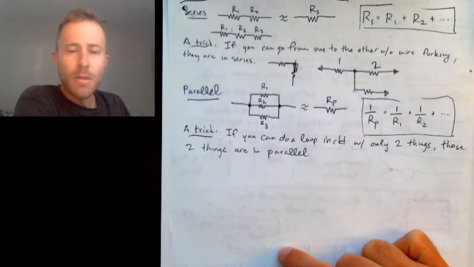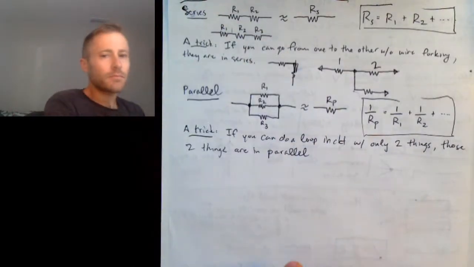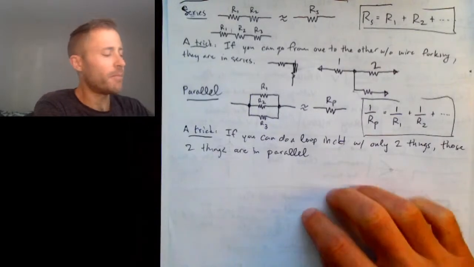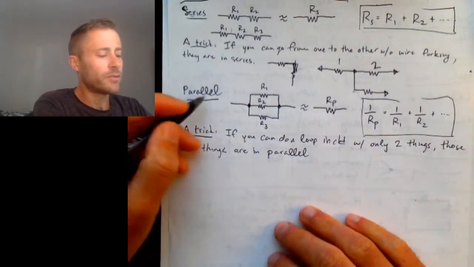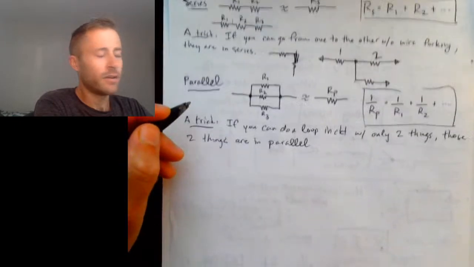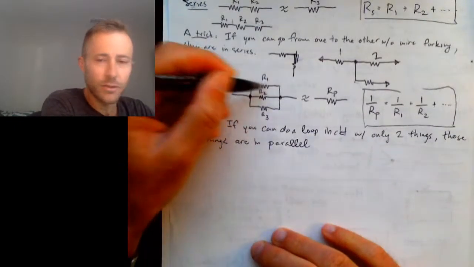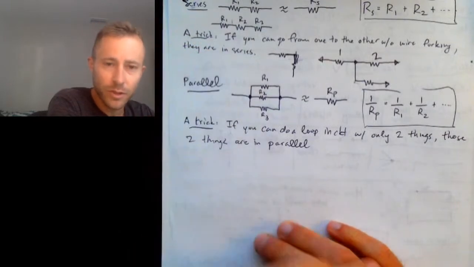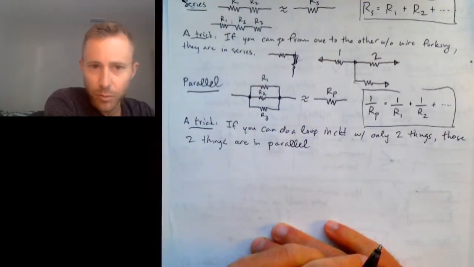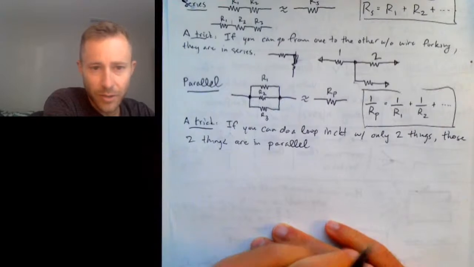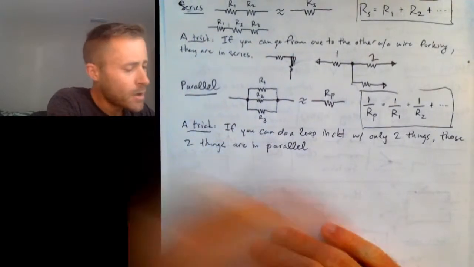Okay. So what do I mean by that? A lot of times students get fixated on the word parallel. And they say, well, this resistor is horizontal and that resistor is horizontal, so that's what parallel means. But that's not the case, okay?